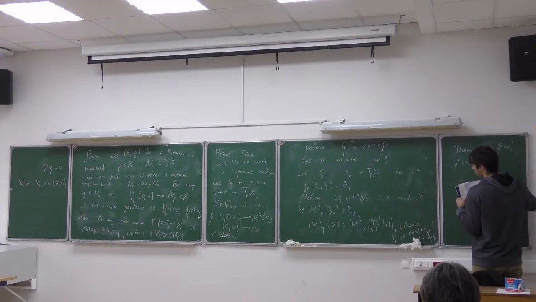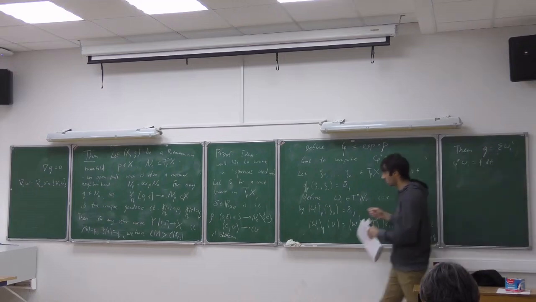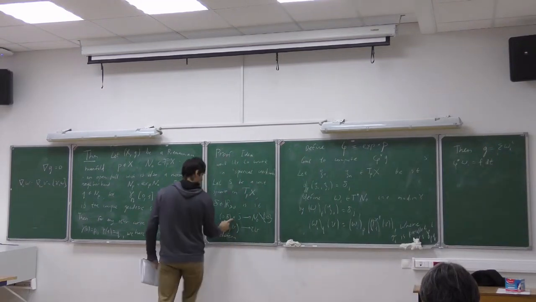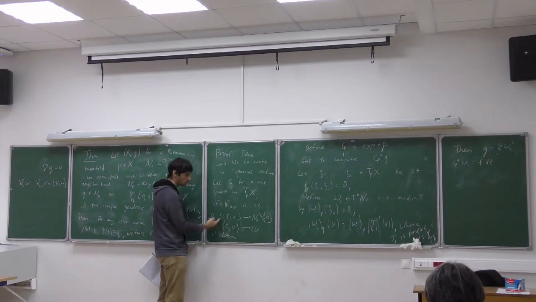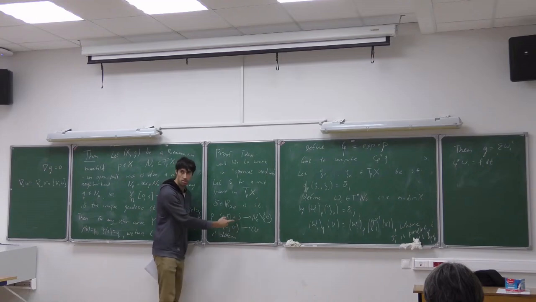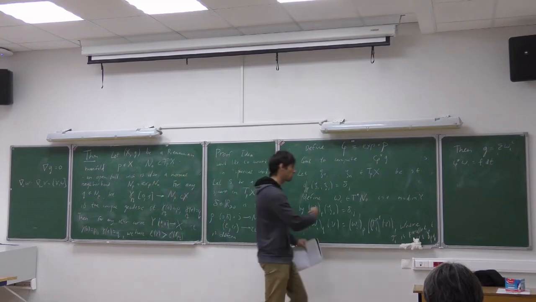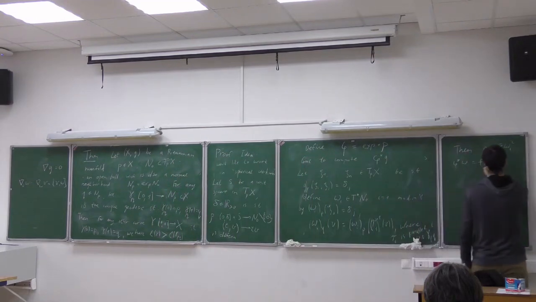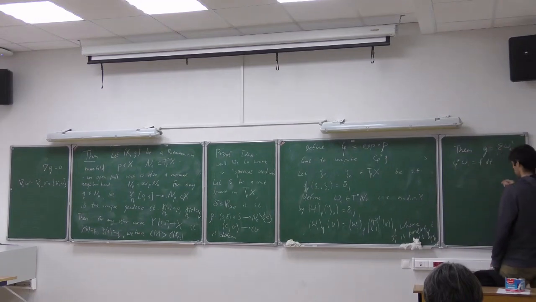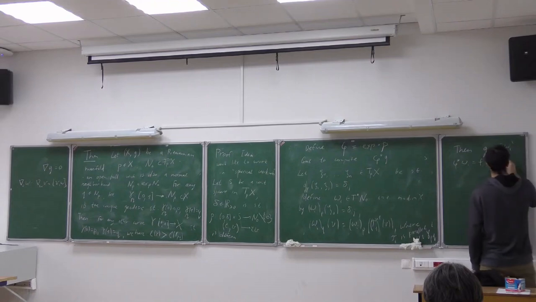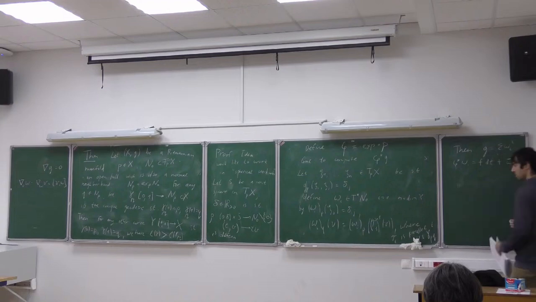Right, so this is a form in here, right? And so I have a parameter that runs in this interval and something on the sphere. So I have some term with d corresponding to the parameter on the interval plus everything else, so omega_i bar.